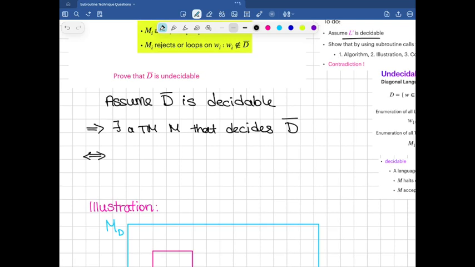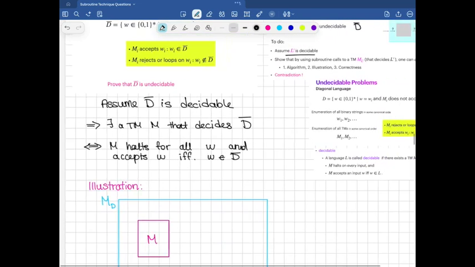We say, okay, M halts for all inputs, as in the definition. So maybe let's not call it inputs, but let's call it W, and accepts W if and only if W is in the language, right?